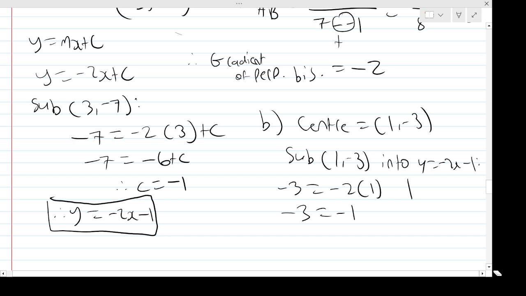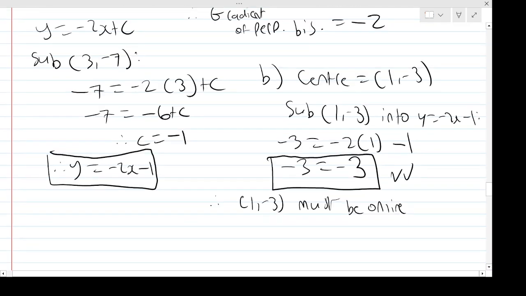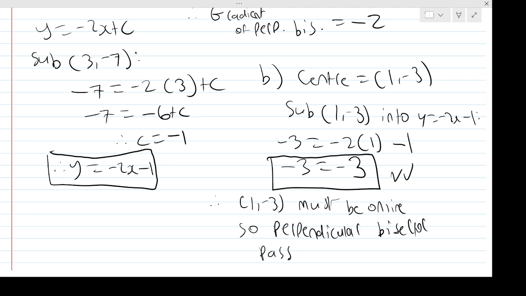So then I get -2, there we go. So we'll work that out. -3 equals -2 minus 1. That's -3. There we go. We know that's true. So (1, -3) must be on the line. So therefore, the perpendicular bisector passes through the centre.